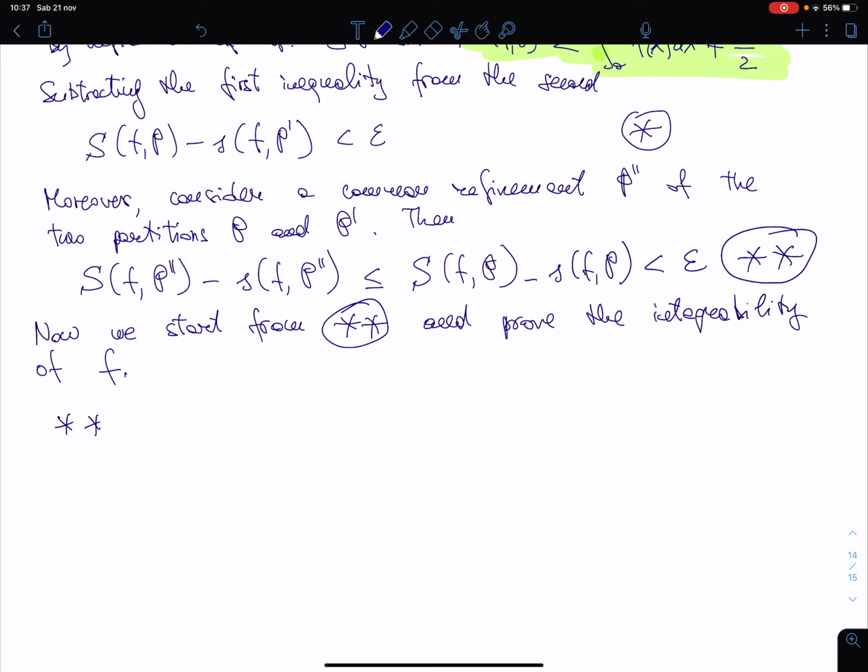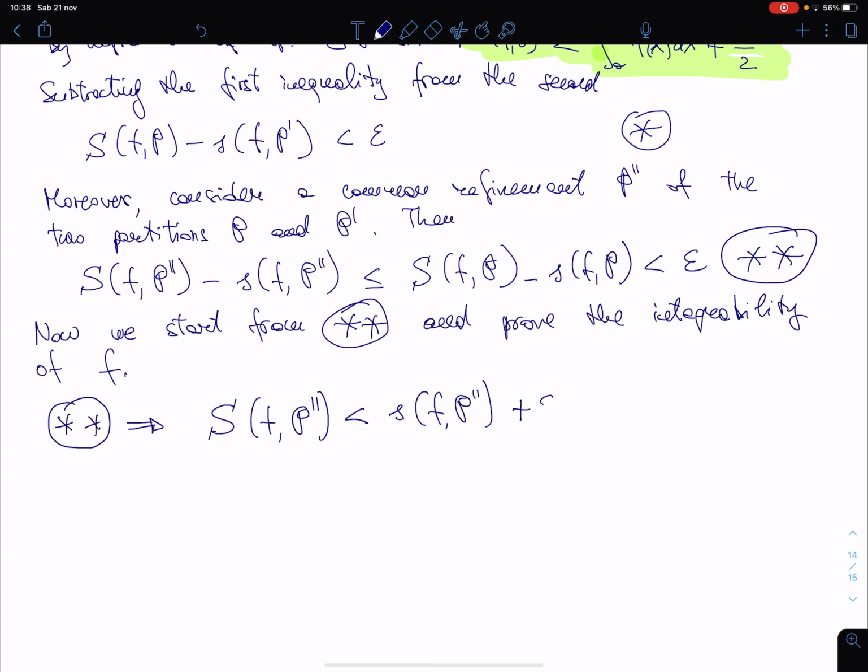Okay, so we go to two asterisk, and we have that the upper sum S of f with the partition p second is less than the lower sum little s f p second plus epsilon. This is what we did here. We just took this minus s and put it here. Okay, nothing really complicated.